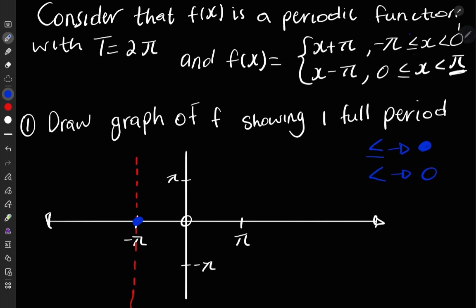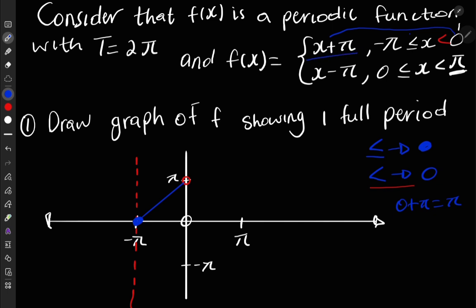To know the corresponding y value at 0, we substitute, and we have 0 plus pi, which is just pi, meaning the corresponding y value is pi. That point is not included because it's just less than, so you make a hole there, and that is your first graph of the piecewise function, the upper part.